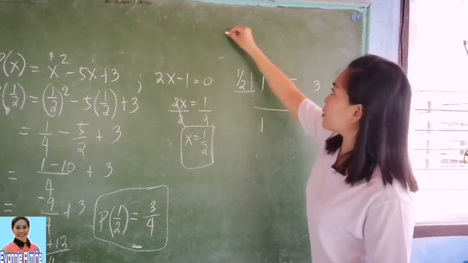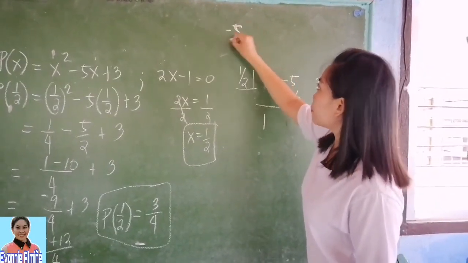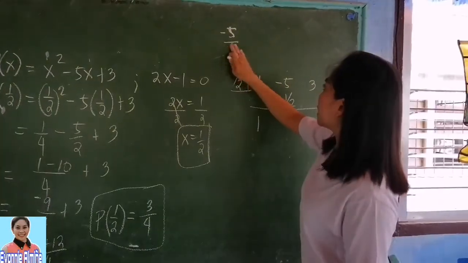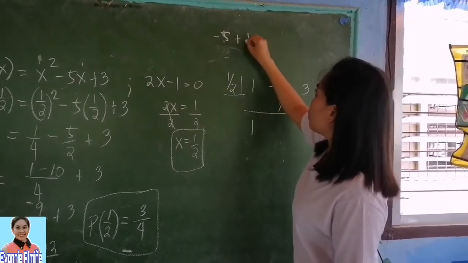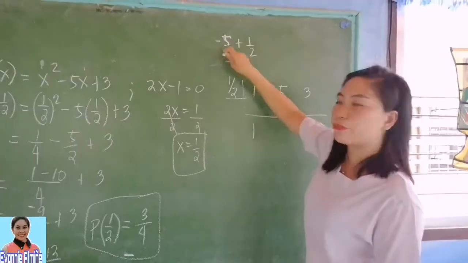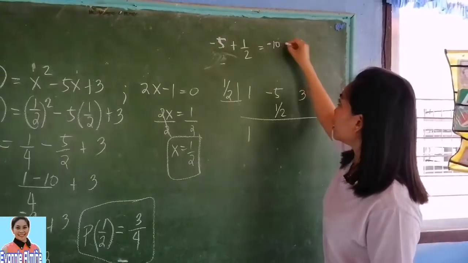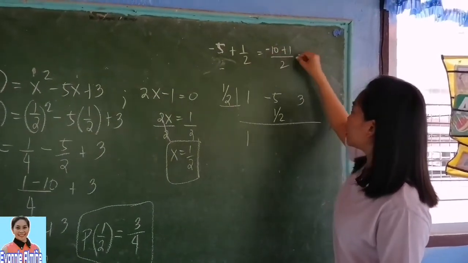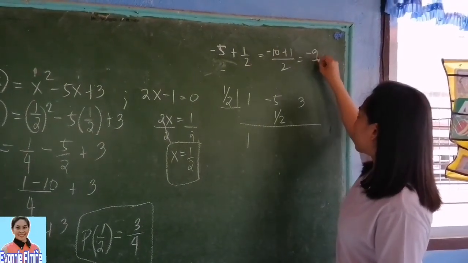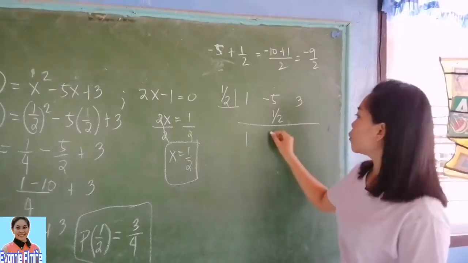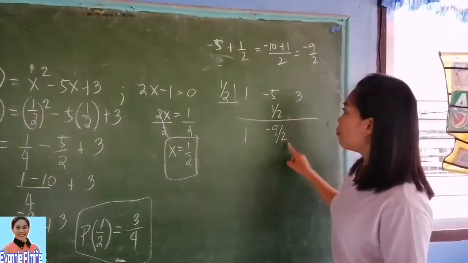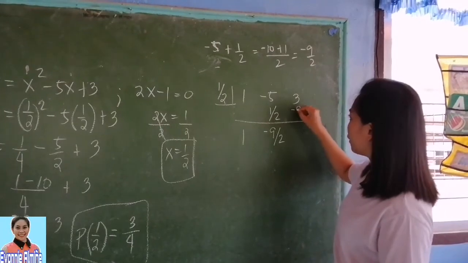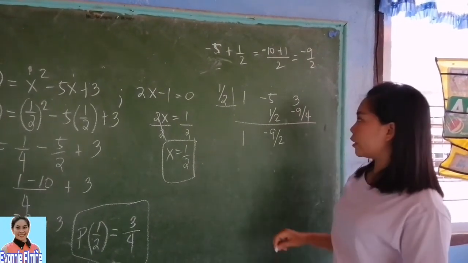Try po natin para mas makita po ng lahat. Negative 5 plus 1/2. So, 2 times negative 5, you have negative 10 plus 1 over 2. That is negative 9/2. Diba? So, negative 9/2. Multiplied by 1/2, you have negative 9 over 4.